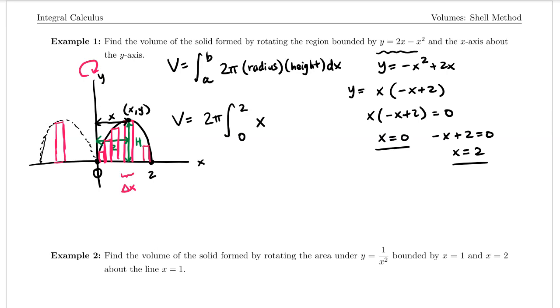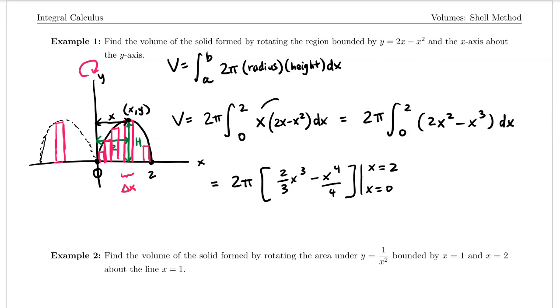Then my height is the y value, but we're integrating with respect to x, so instead of putting y here, I'm going to replace y with 2x minus x squared, and then we have dx. So this is the integral that would help us find the volume of this three-dimensional shape.